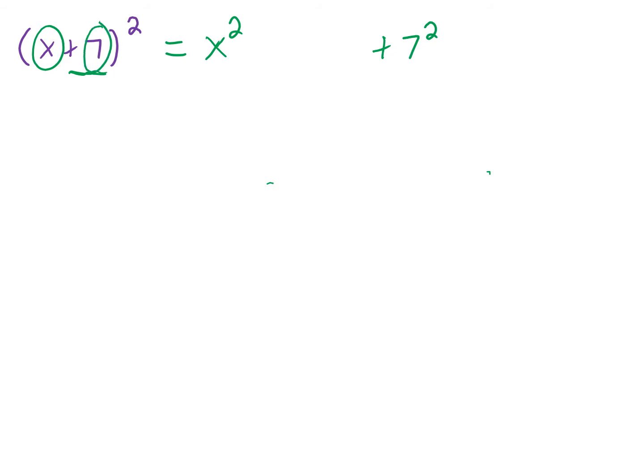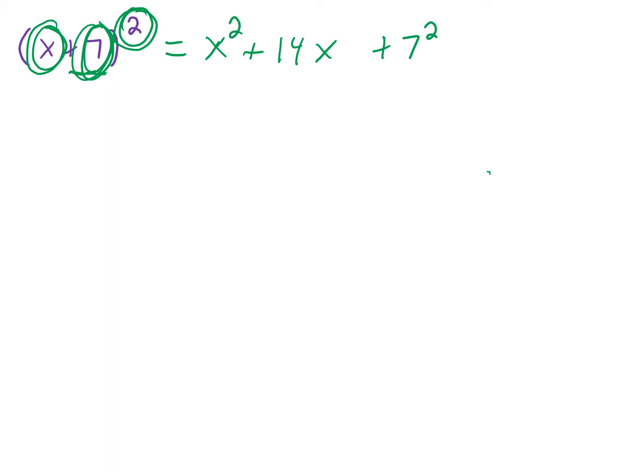Now, to get the middle term, what you do is you multiply the 2 times the 7. I'm not saying square it, I'm saying multiply it. Do 2 times 7. What is 2 times 7? It's 14. And then do 14 times the x, and you get 14x. That's the middle term. And this is going to be a plus sign over here. We're going to do a problem in a minute where it's a minus sign instead.